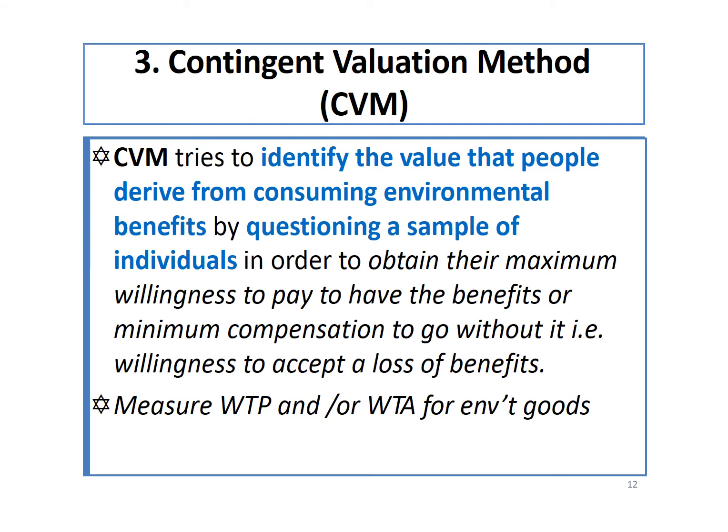So you design a questionnaire asking individuals how much they are willing to pay to get the benefits of the environmental good. Doing that, we measure willingness to pay, WTP, and or willingness to accept, WTA, for environmental goods.